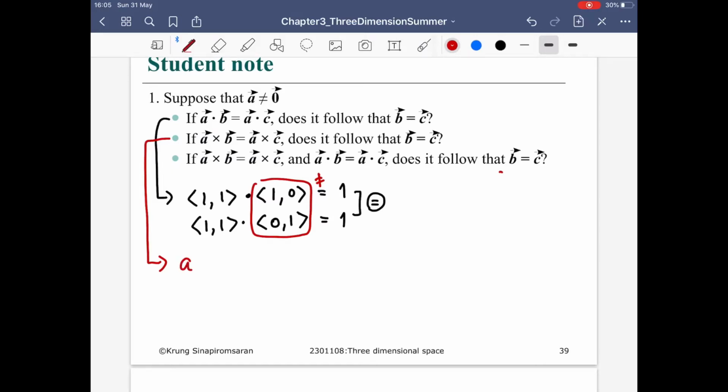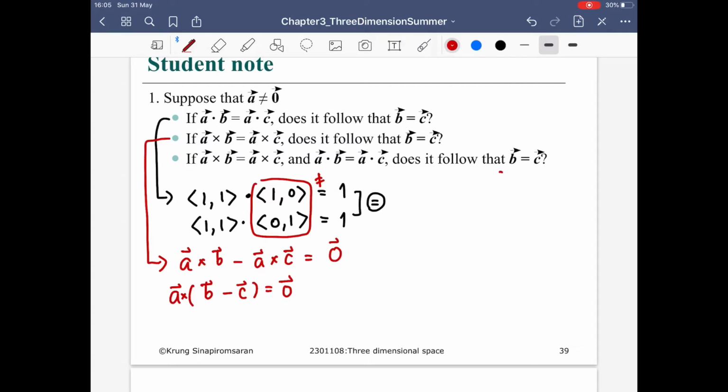What we can try is to move the two vectors on the left and the right to the same side, so the other side equals the zero vector, and then using the distributive property to pull out the A, we get A cross (B minus C) equals the zero vector.